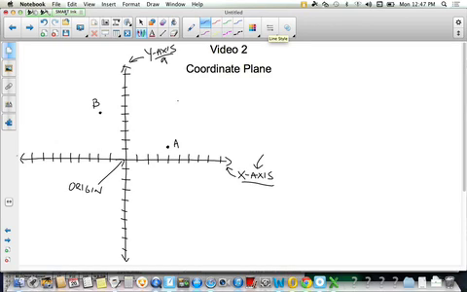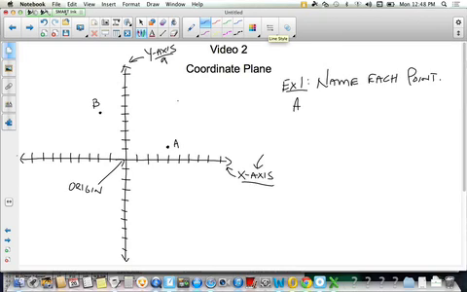We'll call that B. This is the first example: we want to name each point. So what's the name for A?